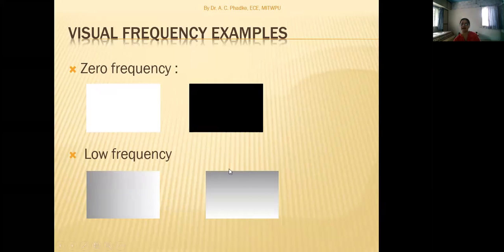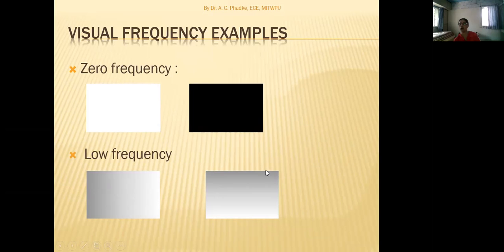And if you consider this last image, for variation along rows, yes, it has a low frequency component. But if you consider intensity variation along columns, consider only the very first row. All the pixels in the first row have the same gray value, so there is no variation along columns.